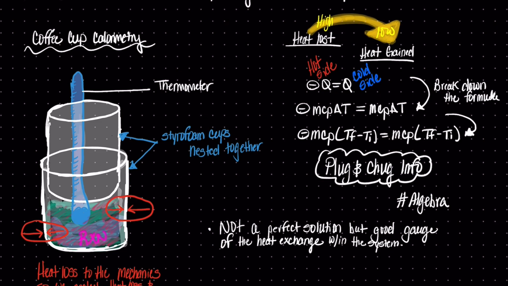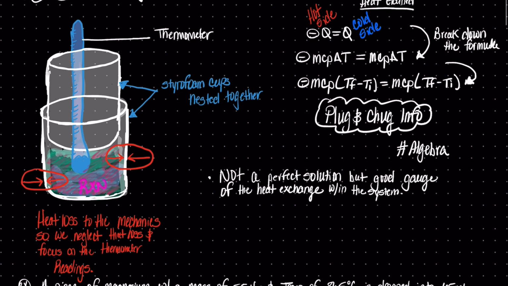Now, we understand that in a coffee cup calorimeter, you are going to have some kind of heat loss along the edges of the system of your calorimeter because it is styrofoam, and styrofoam is an insulator, so it likes to absorb heat. However, it's not enough of a difference for us to negate this practice altogether.